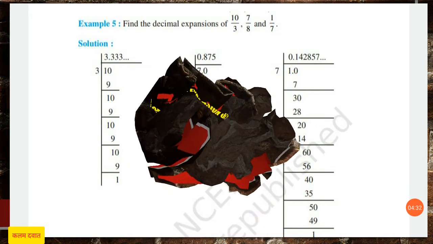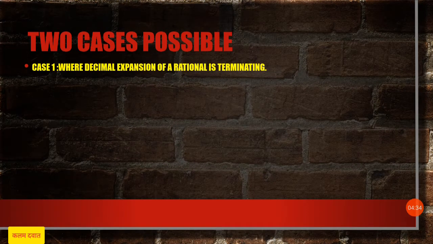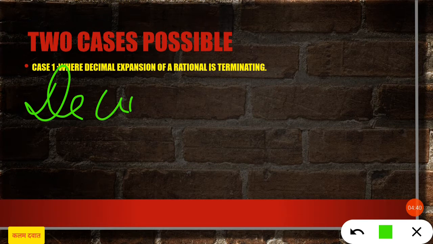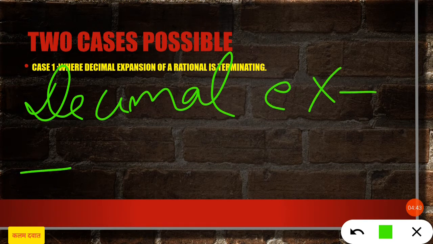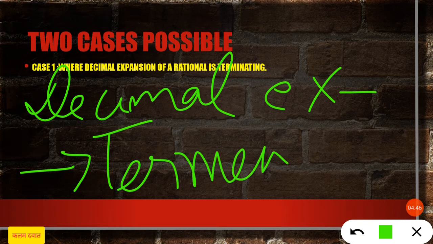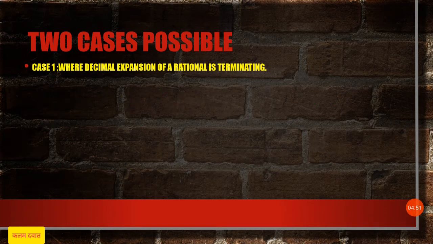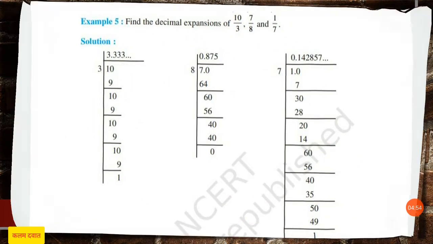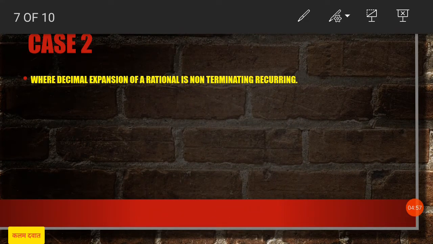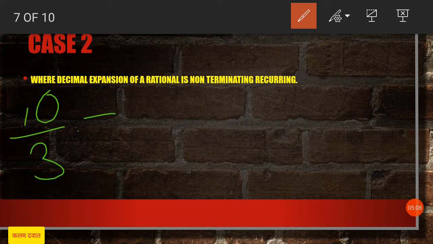So going back to the slide, see the first case. In the first case we will get a decimal expansion which is terminating, so the number is said to be a rational number. Now the second case: suppose 10 upon 3, and after division we get 3.333 and so on.